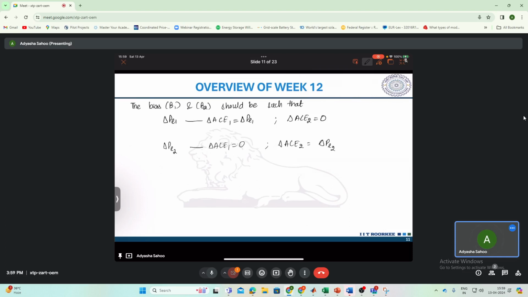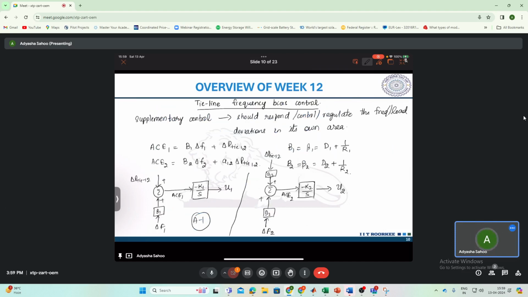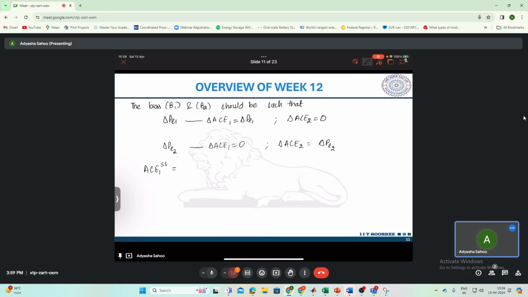So this should be basically for steady state. Again, if you see, this one will be B1 delta F1 steady state plus A1 2 delta P tie 12 steady state, so that should be 0.